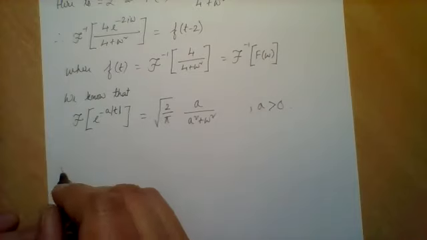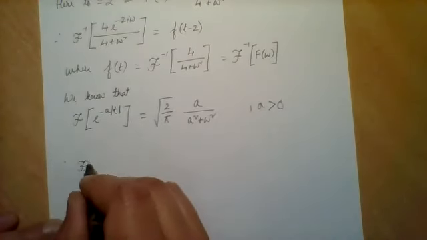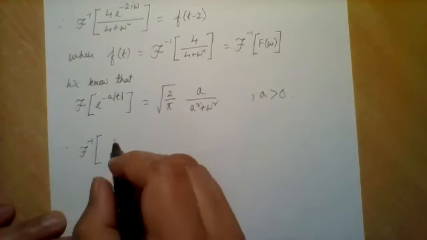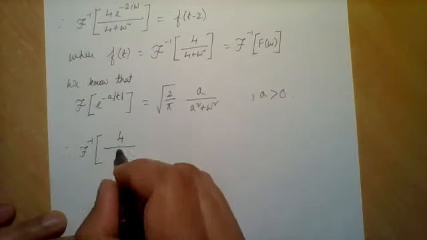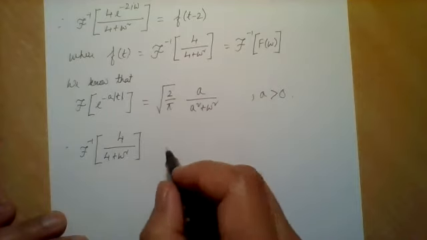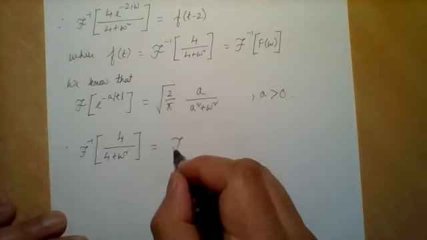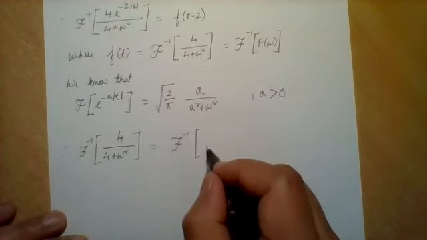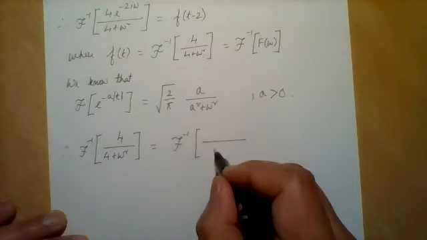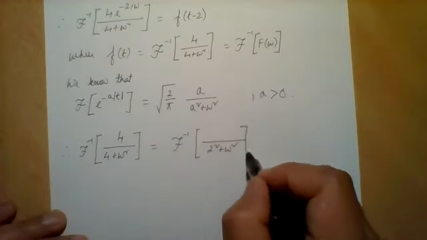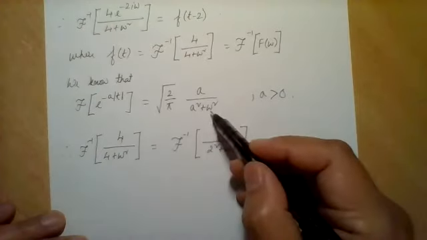Therefore the inverse Fourier transform of 4 divided by 4 plus omega square, I can write as the inverse Fourier transform with the denominator 2 square plus omega square, by comparing with this form.